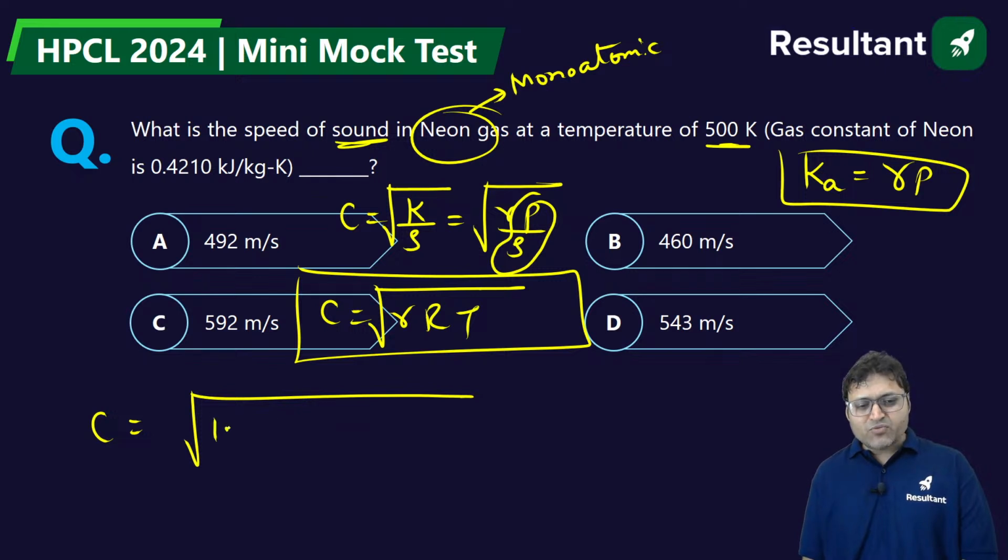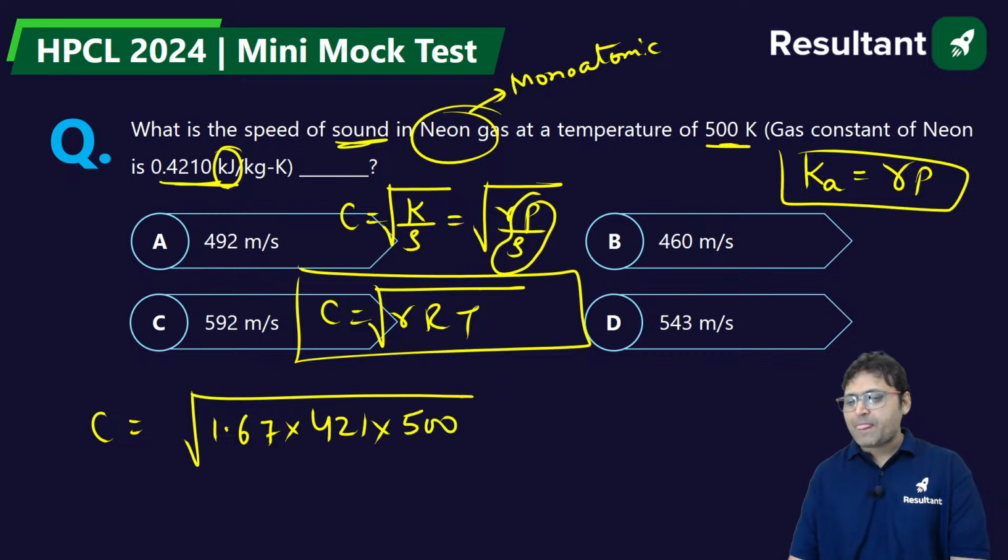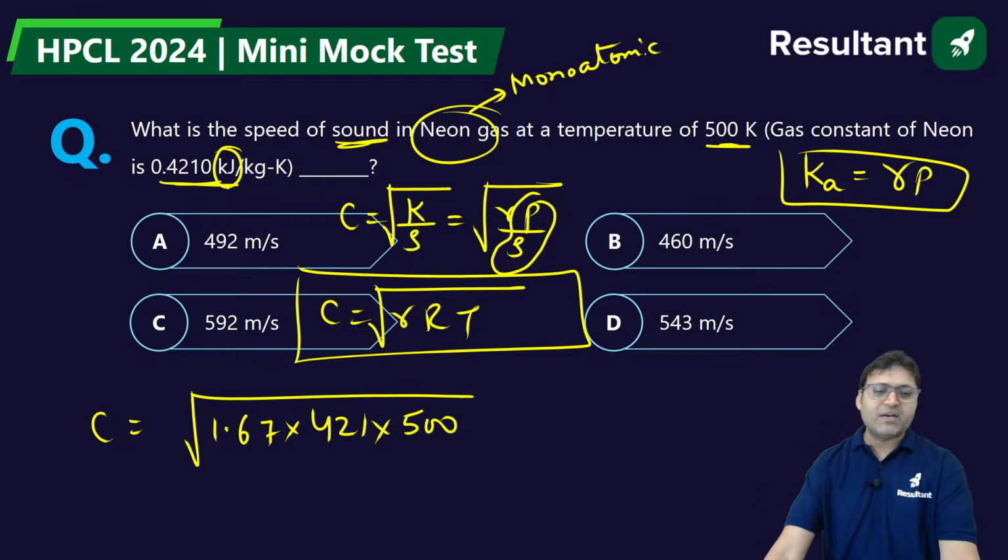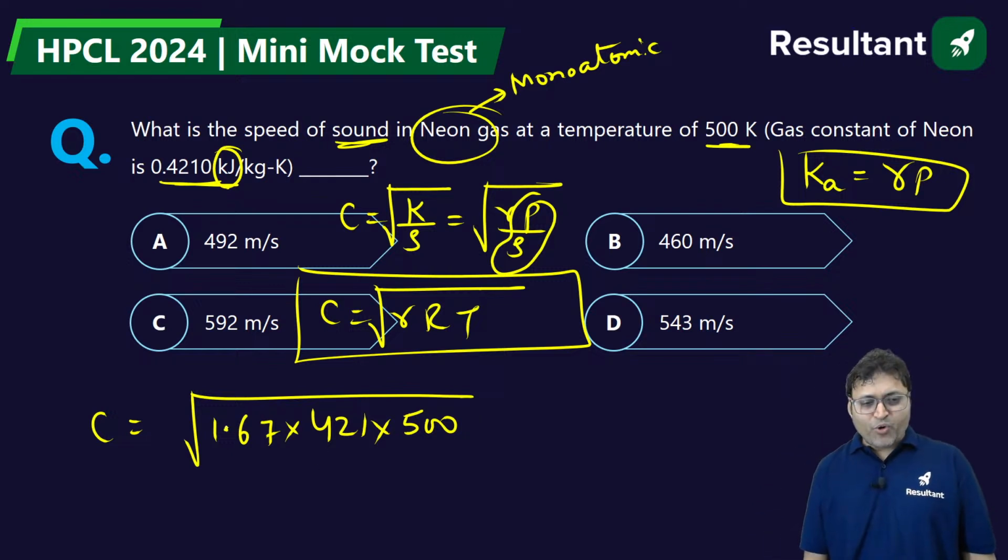So gamma is 1.67, gamma 5 by 3, then R, the gas constant of neon, is given as 0.4210 kilojoule per kg Kelvin. It is in kilojoule, so in joule it will be 421, into temperature 500. You need to solve this. Can you solve it without using the calculator? So this point can be removed.